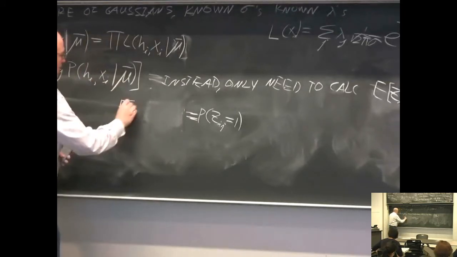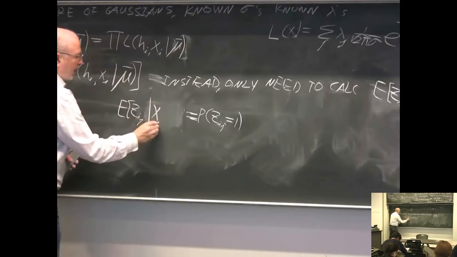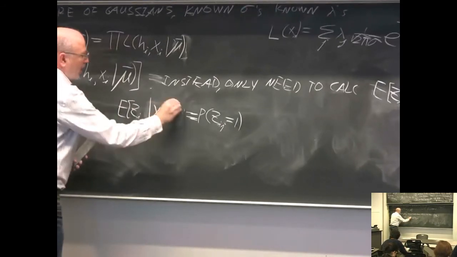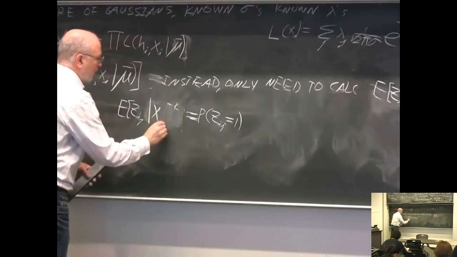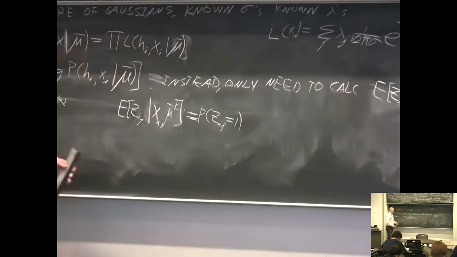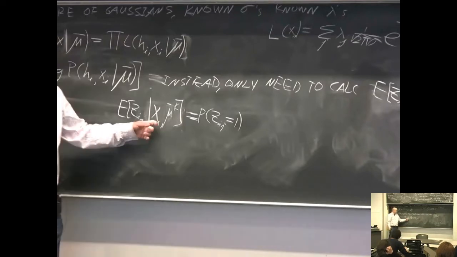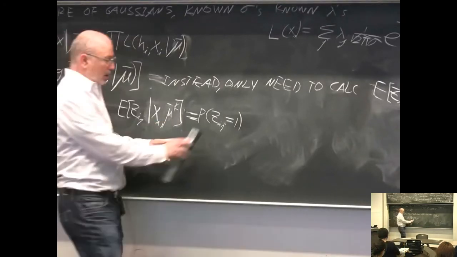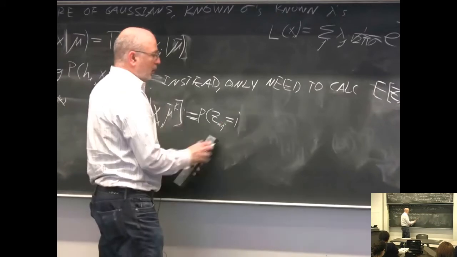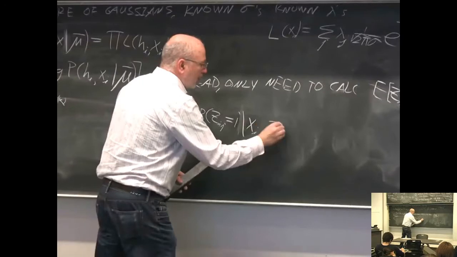This is the expectation of zij conditioned on the data I've seen, which is xi in this case, and the current parameters. And I'm using theta here where I should use mu. I only need to calculate that, the conditional expectation of zij based on the observed data and the tentative value of the parameters, the current value of the parameters. This is the probability that zij is 1 conditioned on what xi is and what the current value of the parameters are.